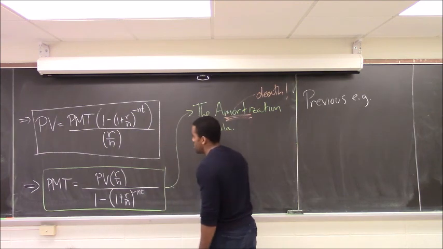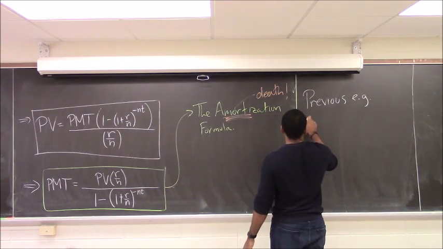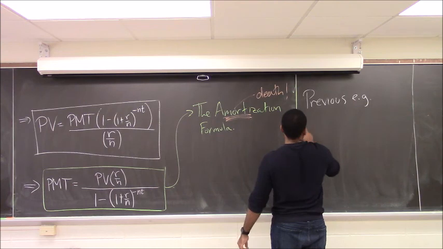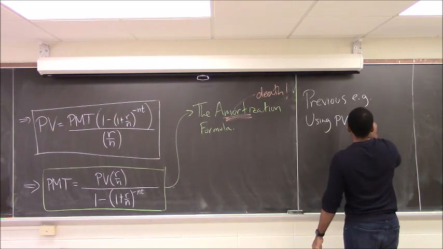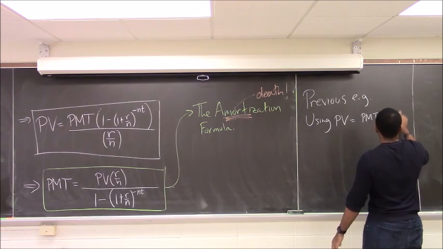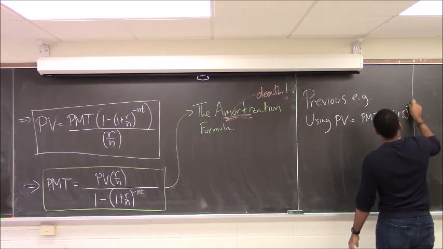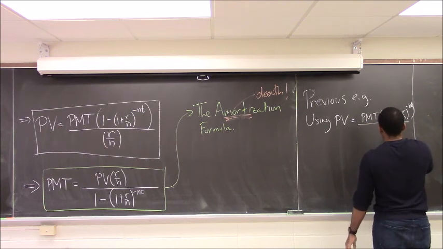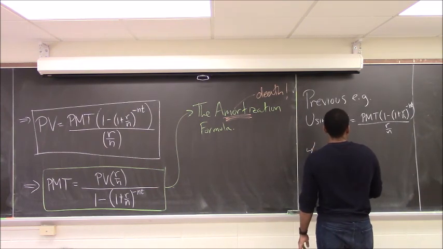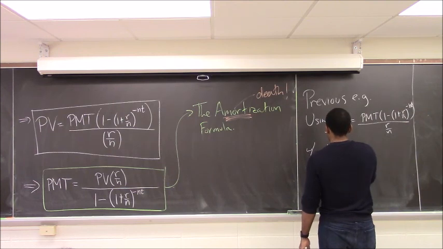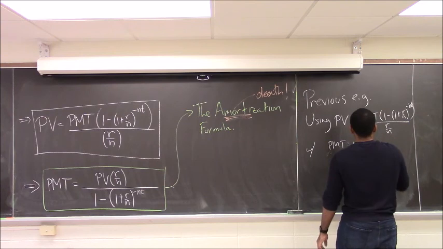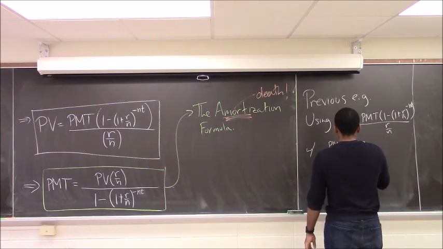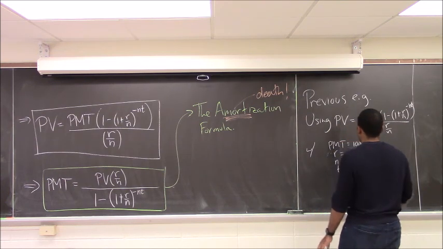So what I can do is, using the first formula, with the payments that I desire is 1,000. So the PMT is going to be 1,000. The R is going to be 0.05. The n is going to be 12. t is going to be 5.